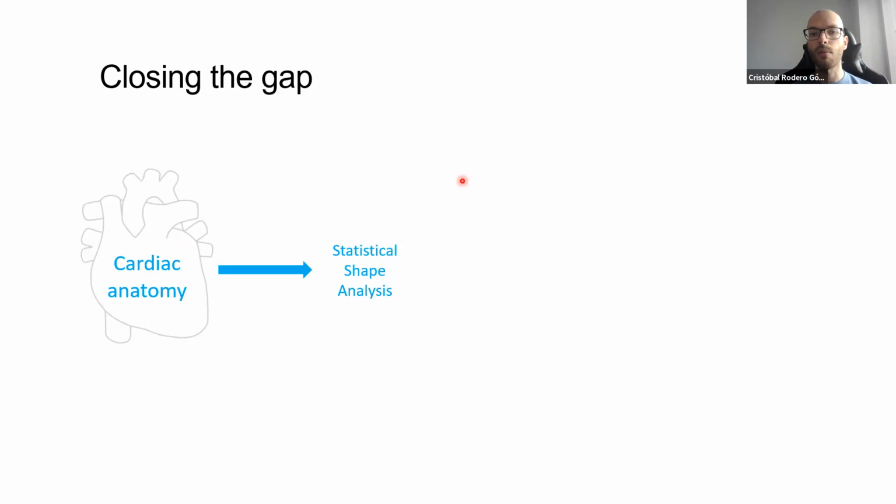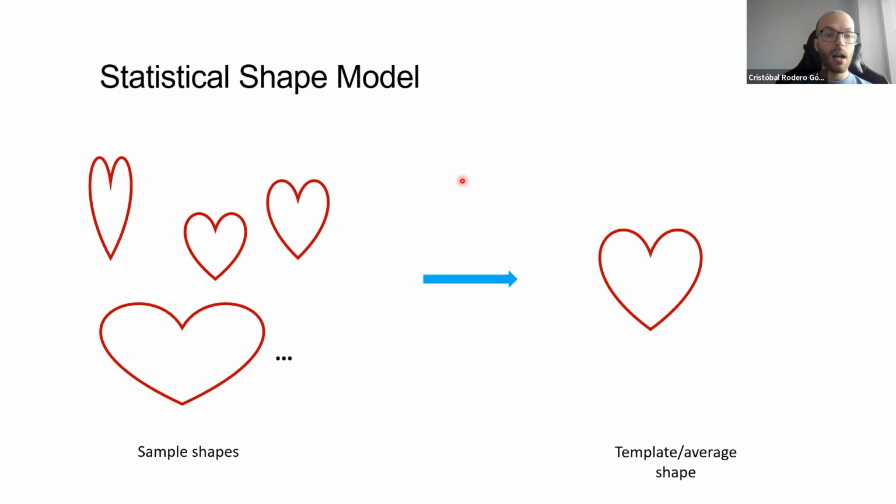So then we can see how abnormal it is compared to this template. So we have some sample shapes. The classic way was to select some landmarks, some important points in the mesh, and then compute the Euclidean distance, take the average, and see how those differ using principal component analysis, for example.